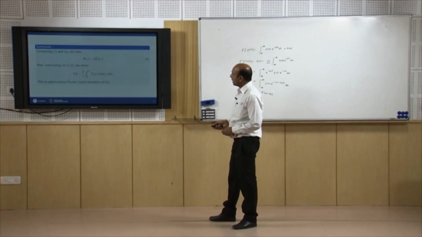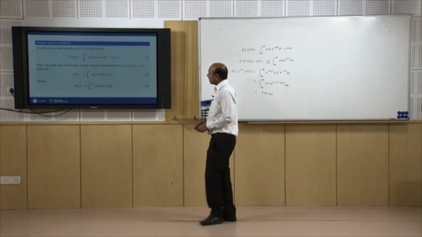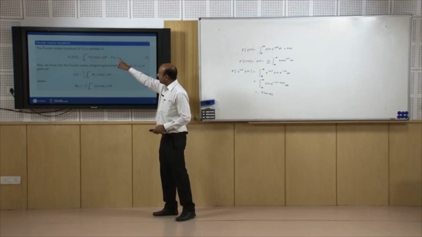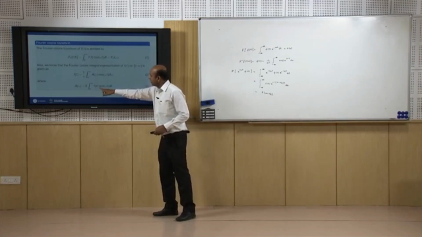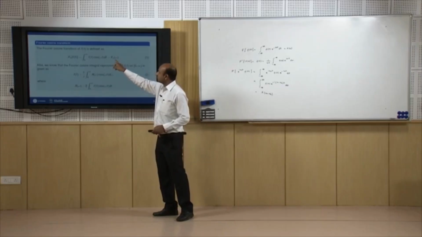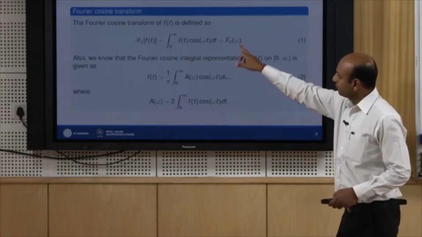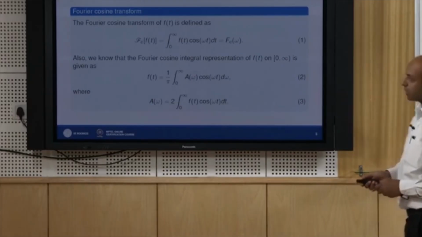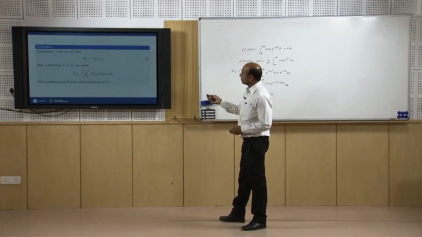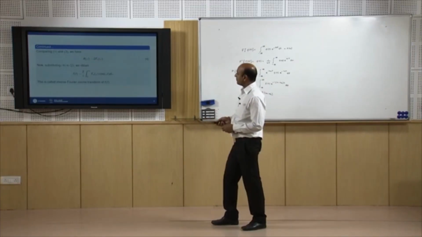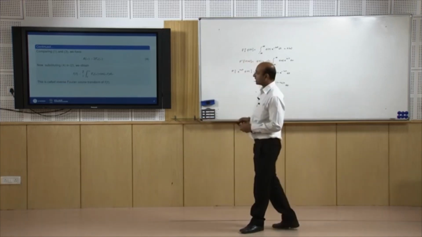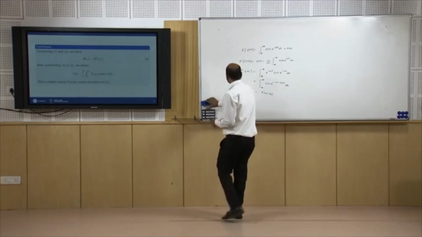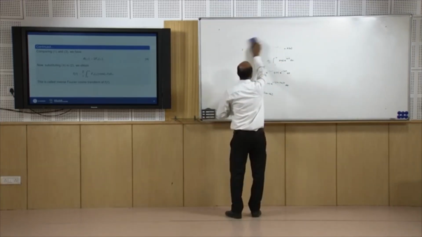Okay. Now, if you compare 1 and 3, A(ω) is nothing but 2 times Fc(ω). When you substitute it here, we obtain f(t) equal to this, which is called the inverse Fourier cosine transform of f(t). So, what is the Fourier cosine transform and what is its inverse?